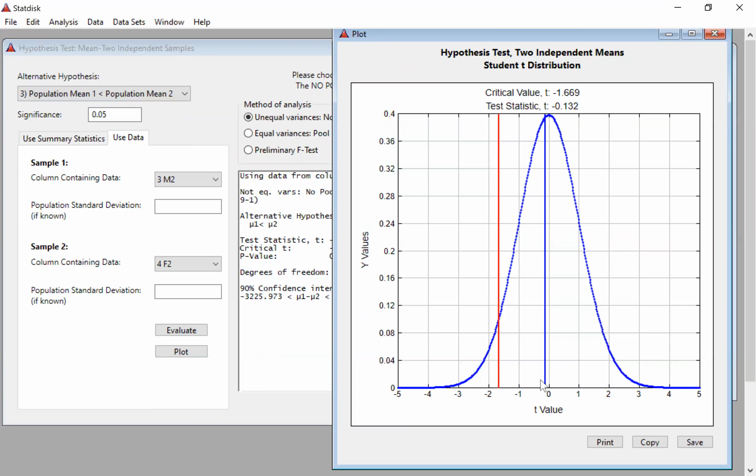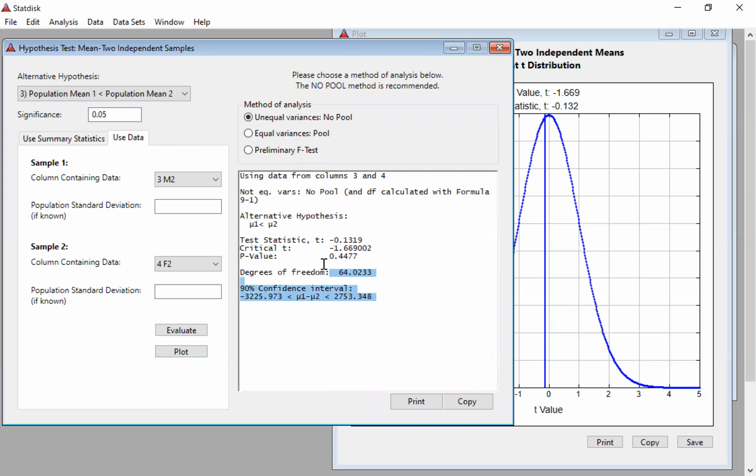In fact, our test statistic is really close to 0. So our sample result is a little bit more than 0.1 of a standard deviation below what we'd expect if these two means were equal. So we got a result really consistent with these two population means being equal to each other.